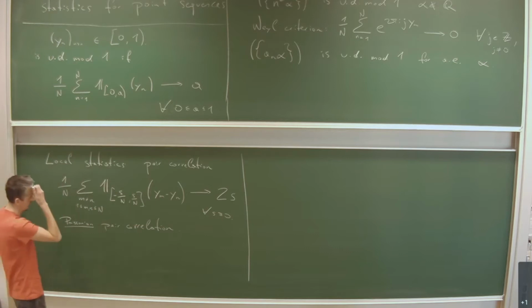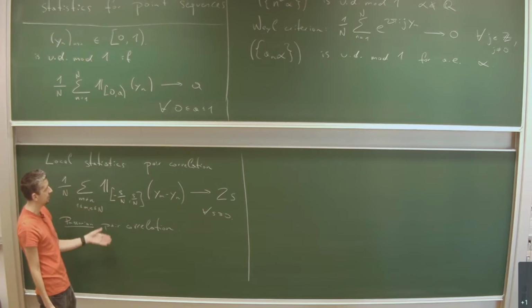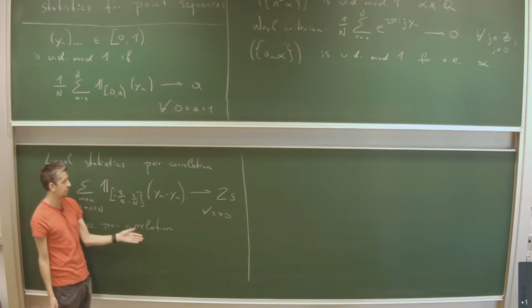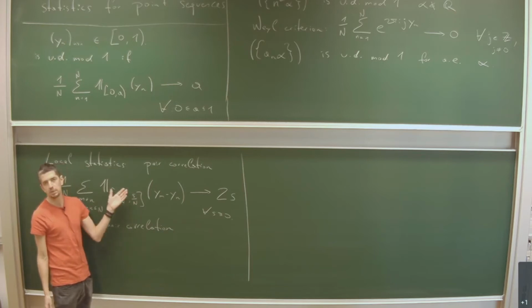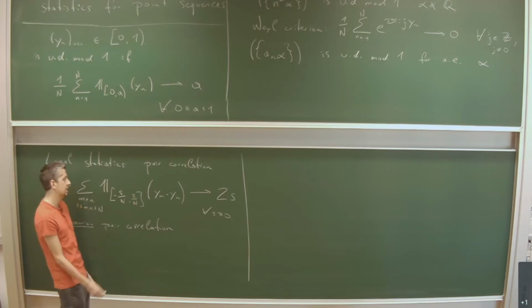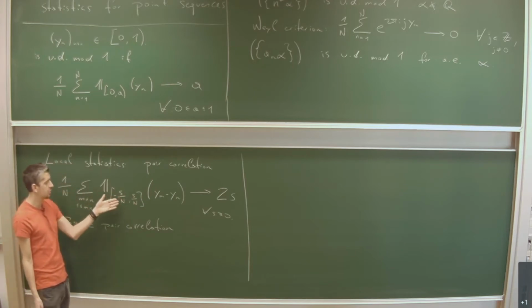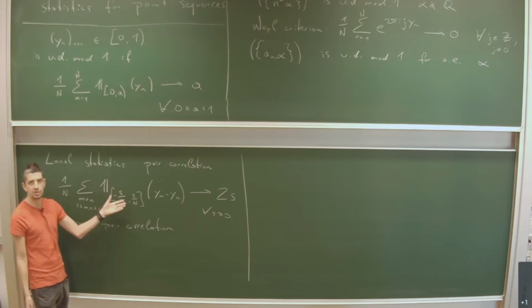So I should also emphasize that the average spacing, so we have n points, all in the unit interval, the average spacing is roughly 1 over n. So these test windows are roughly of the same size as the average spacing in our sequence of points. So this is a very localized statistic. In a way, this is the highest localization you can reasonably talk about.